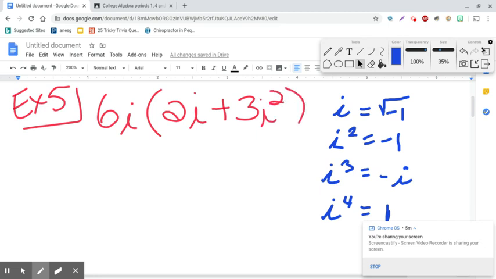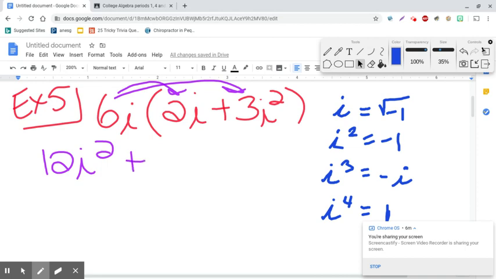All right, we are going to distribute to here and to here. So 6i times 2i gives us 12i squared, then plus 6i times 3i squared gives us 18i to the third.